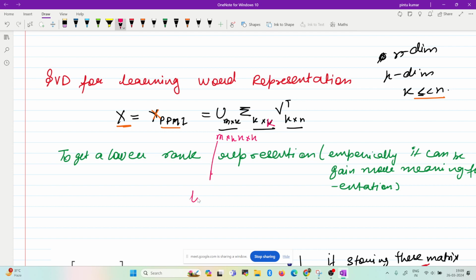So this U sigma that you will get is m cross k. So you have m words and k columns. What is the length of one representation? The length of one representation is only k now, and k is much less than n.